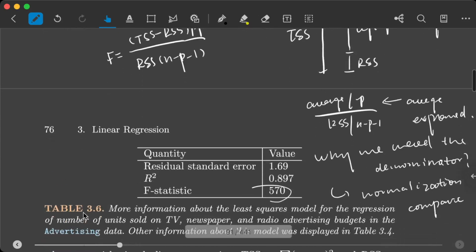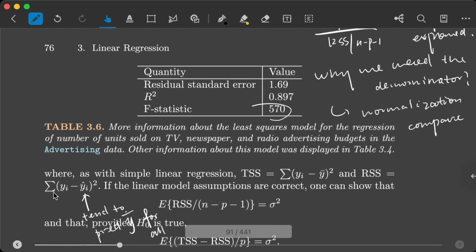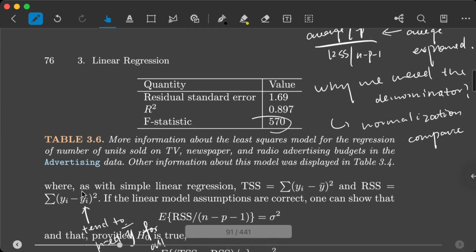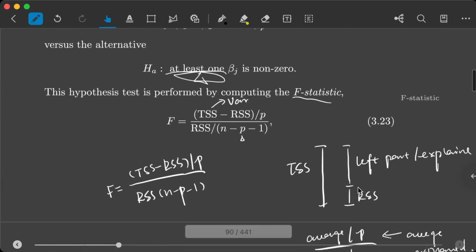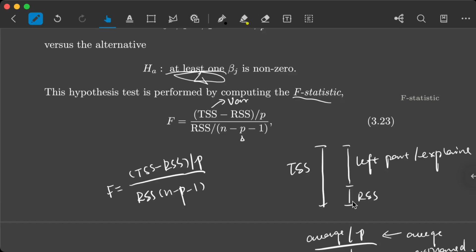Let me first mention that in this way we try to consider a simpler case. When this is close to 0, it means that we predict very accurately with the help of X. Then this part would be very small, and this part would be very large, so F would be a larger number.